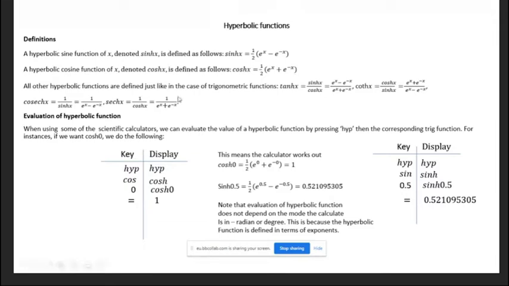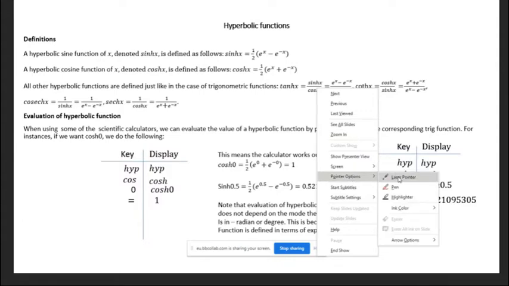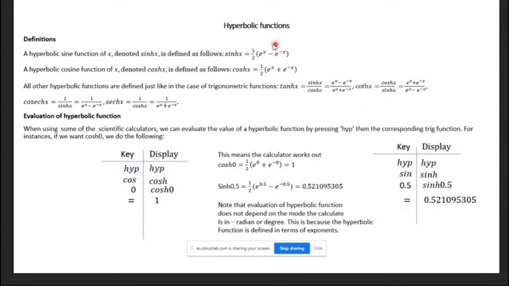All other hyperbolic functions will follow their normal trigonometric counterparts. For instance, the hyperbolic tangent is always going to be written as hyperbolic sine over hyperbolic cosine. If you define it in terms of the exponents, this is what the hyperbolic tangent is going to look like, because the halves will cancel out.